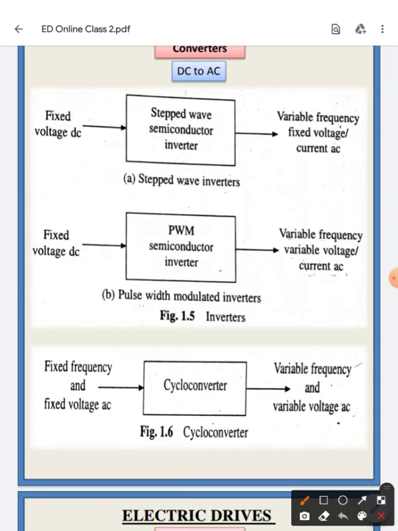To convert DC into AC voltages, the input voltage is fixed DC, that means your battery.